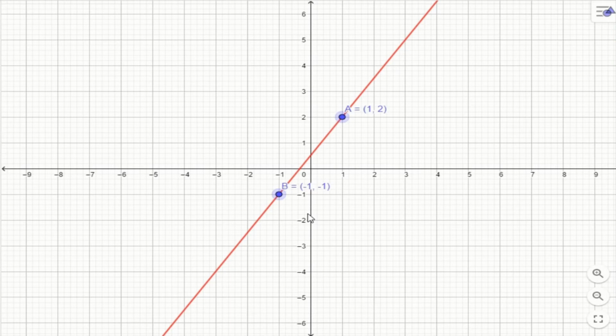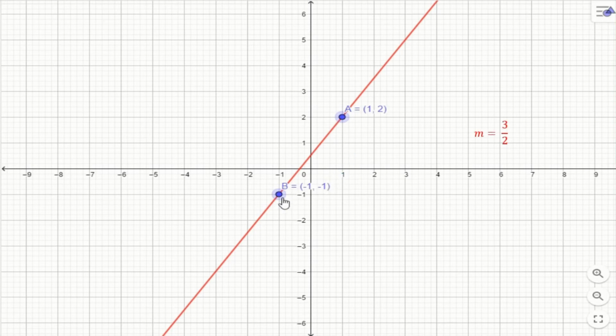Just like what we had discussed dun sa isa nating video, if the graph is increasing, then the slope is positive. So, ibig sabihin, yung nakuha natin kanina is positive. So, wala tayong kinompute dito. So, ang ating slope is positive 3 over 2.